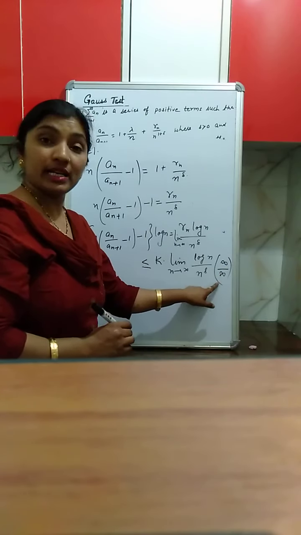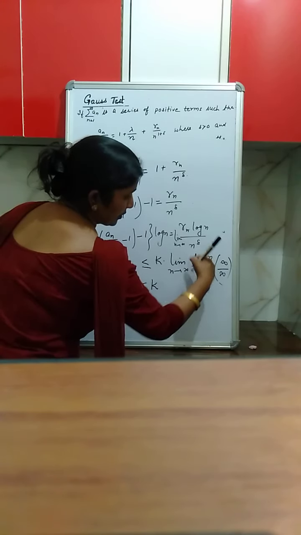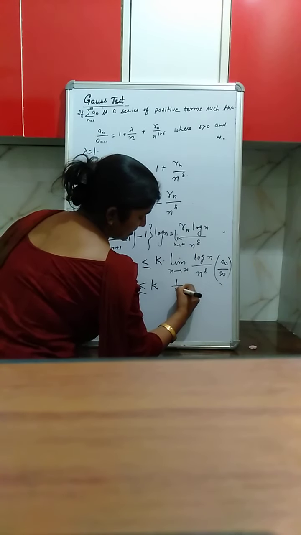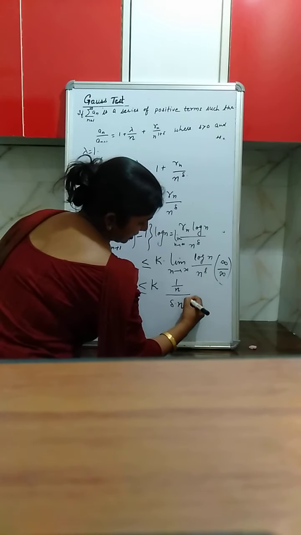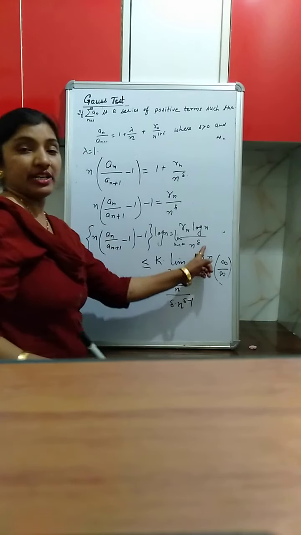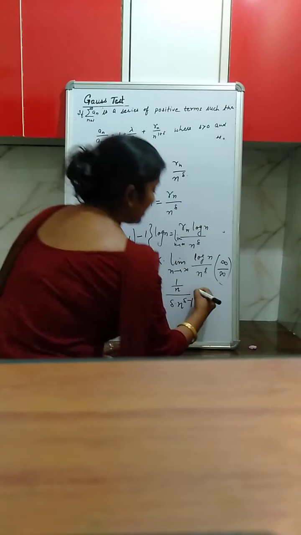Okay, so by L'Hopital rule, this is less than or equal to k times, when we put the limit, 1 upon n upon delta n raised to the power delta minus 1. Differentiating numerator and denominator, it is 1 upon n upon delta n raised to the power delta minus 1.